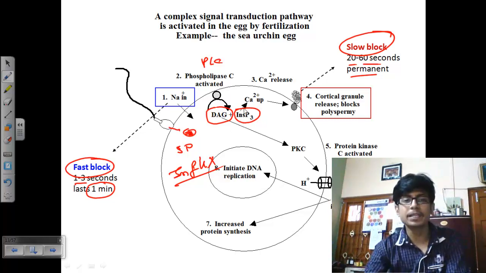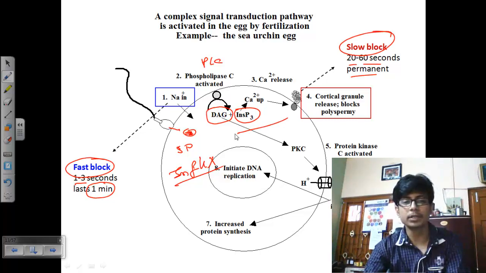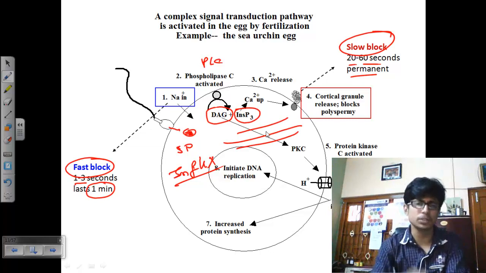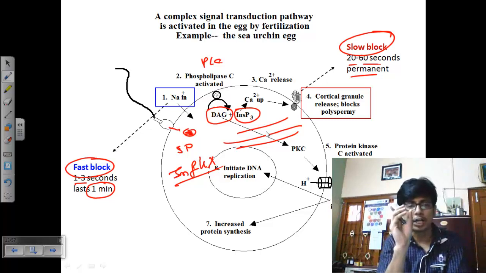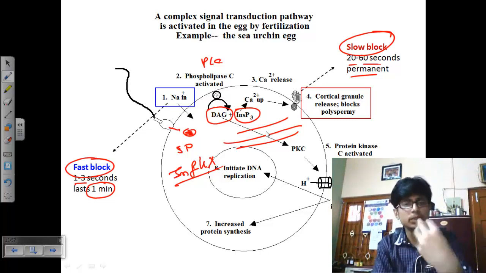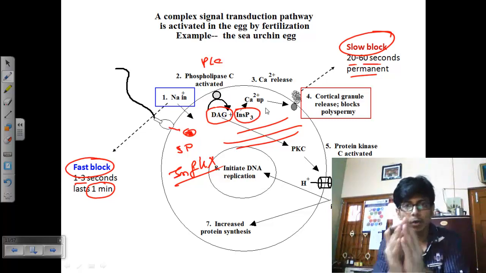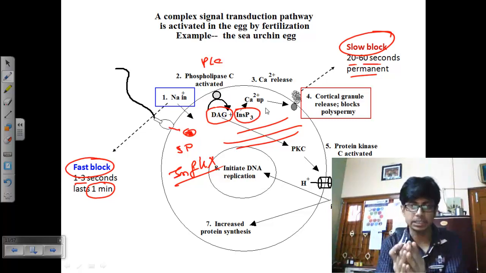So this IP3 finally interacts with the endoplasmic reticulum present in the egg cell, because the endoplasmic reticulum has certain types of receptors on its surface. While that IP3, the inositol triphosphate, binds with those receptors, those are calcium receptors, they are calcium channels, right?